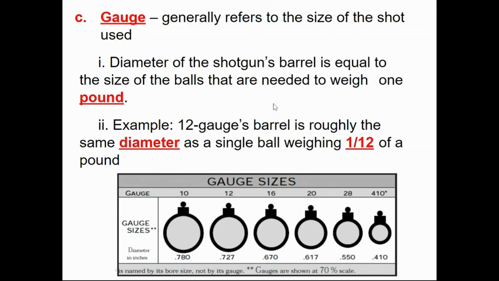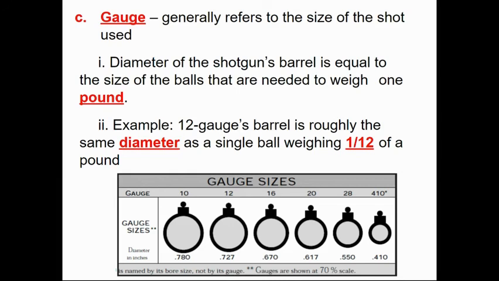So when we talk about the size of the shot that's being used, this is called the gauge. You might have heard of, for example, a 12 gauge shotgun. The technical definition is that the diameter of the shotgun's barrel is equal to the size of the balls that are needed to weigh 1 pound. So that can be a little confusing.